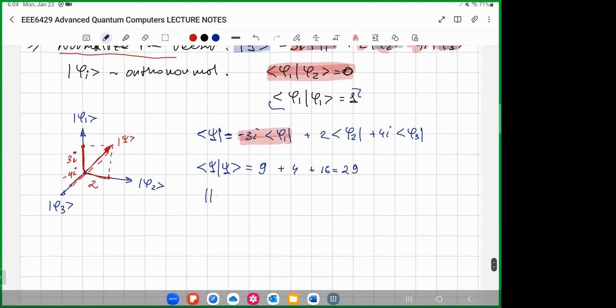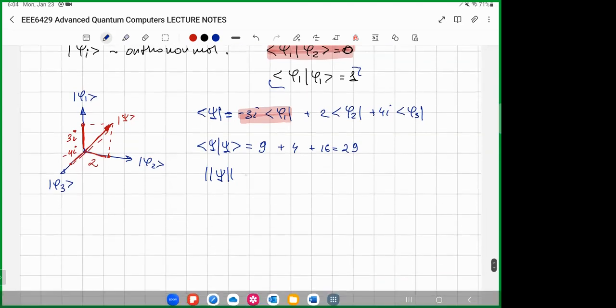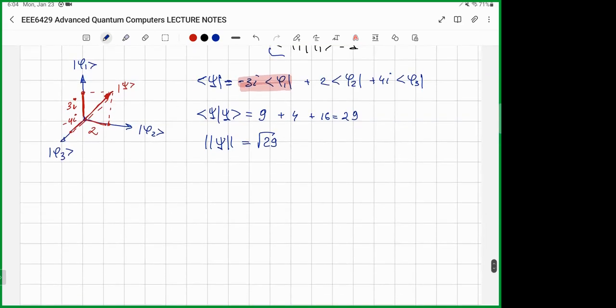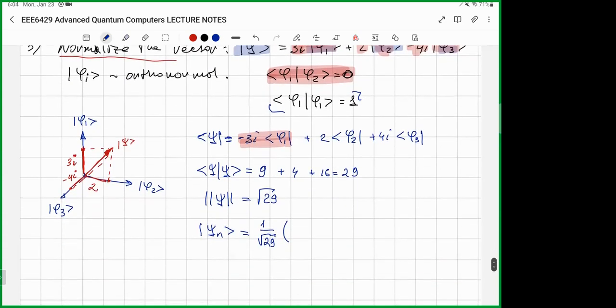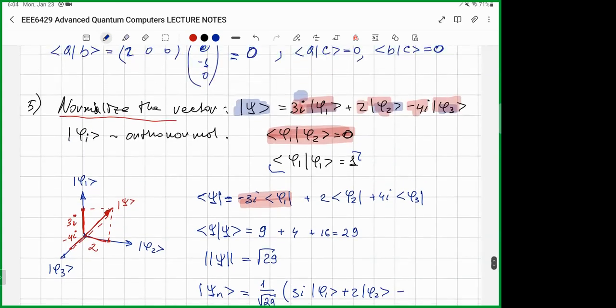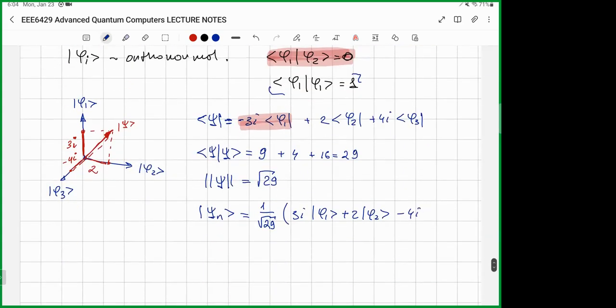So the norm of the psi vector is the square root of 29, and the normalized psi vector is equal to 1 over the square root of 29, times 3i phi1 plus 2 phi2 minus 4i phi3. That's it. We just normalized the vector.